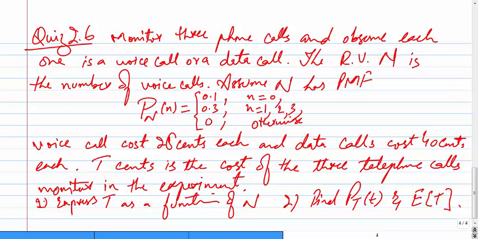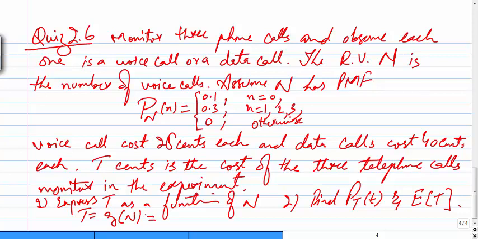So this means that n gives you information about the voice calls, and T is actually the cost, and this is a derived random variable, so we have to write the function T that is a function of n. So this is the thing that we have to do.